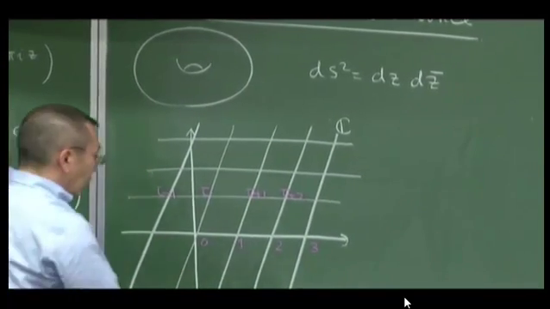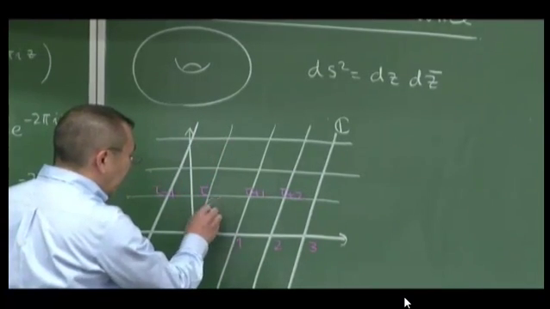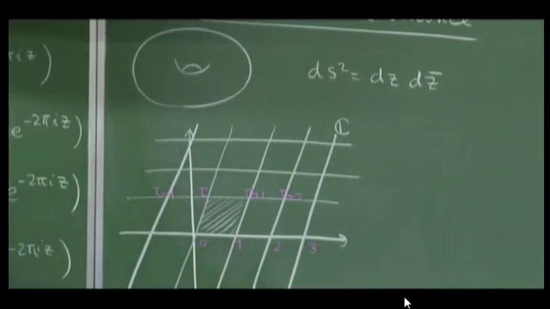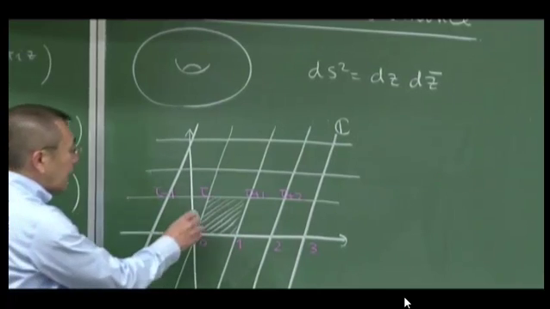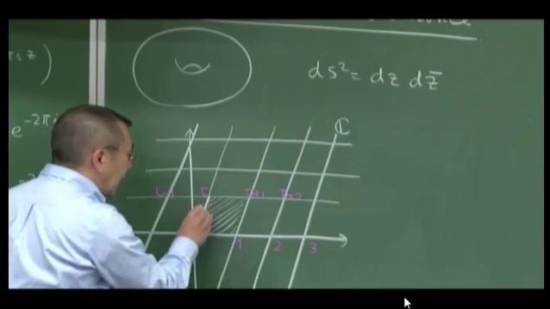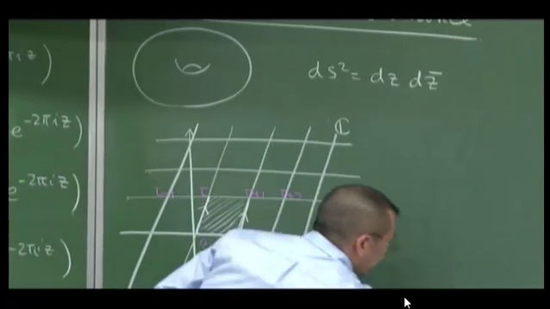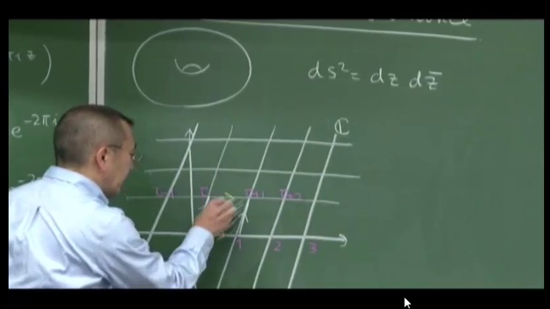Okay? So one way, and then we say that the torus is defined by first focusing our attention on this parallelogram, and then periodically identifying the sides, namely that we identify this side with this side, and identify this side with this side.